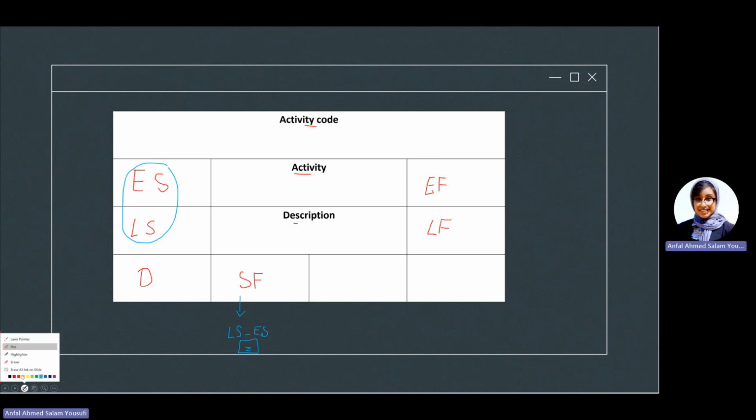On the other hand, we're going to have finish float.